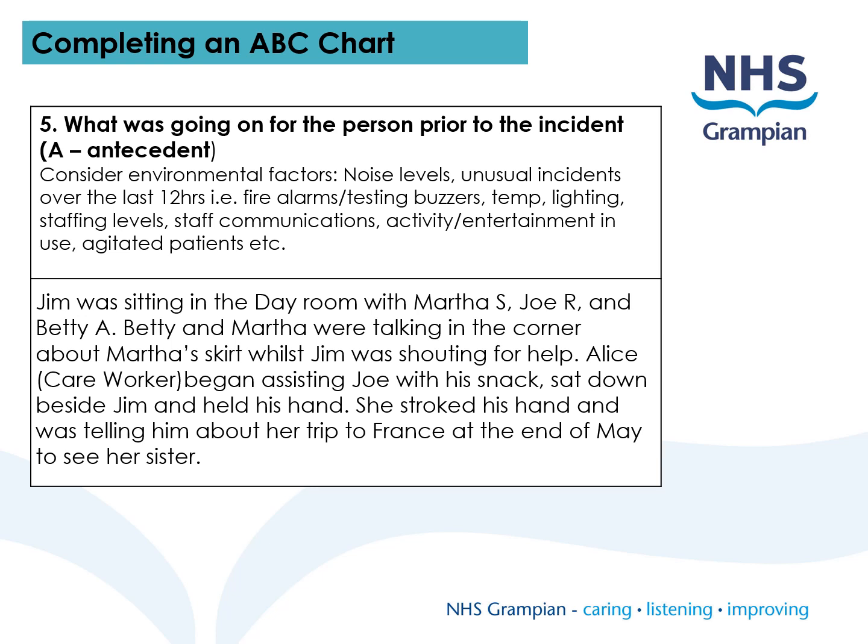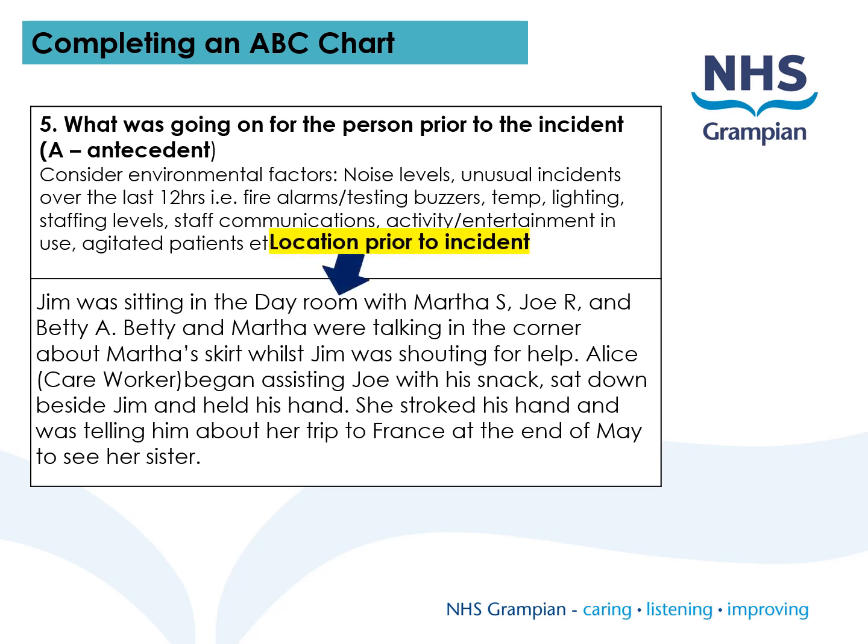So we can consider some environmental factors such as noise levels, any unusual incidents over the last 12 hours, for example, if there were any fire alarms or testing of buzzers going on, if there's been any temperature, lighting, or staffing changes, or maybe different staff communications, or lack of activity or entertainment, or maybe too much overstimulation, any other patients around the person that might be contributing to the person's distress.